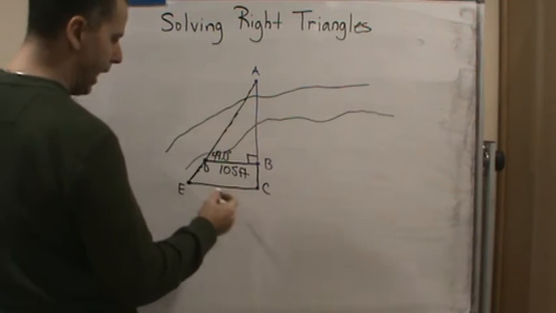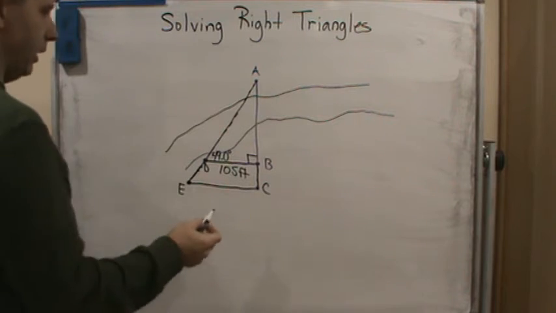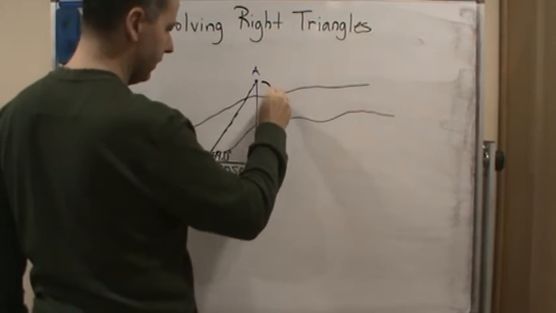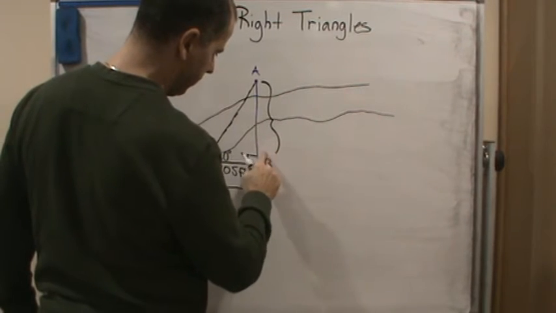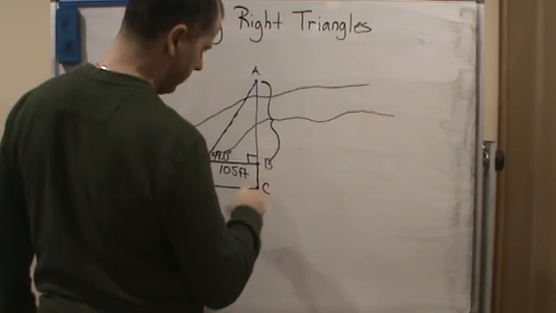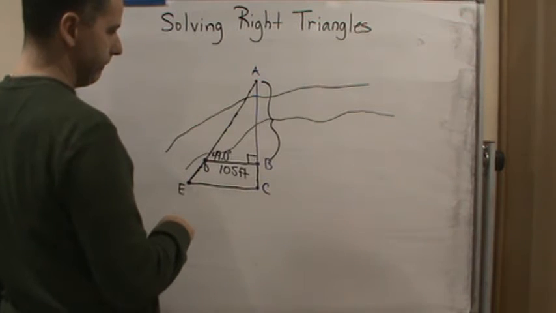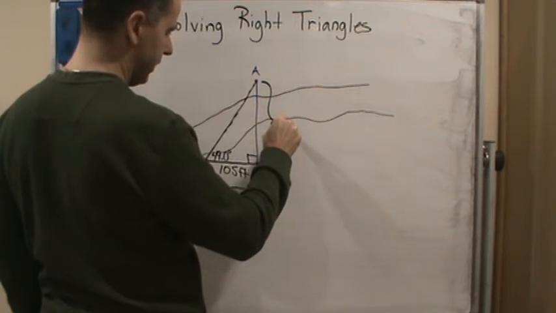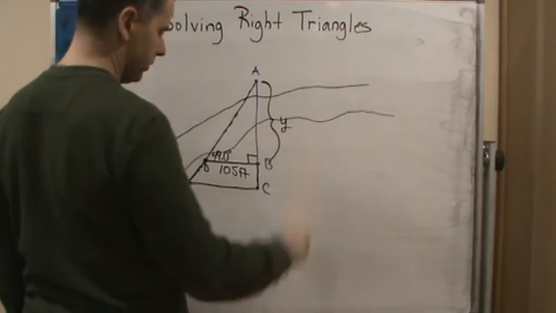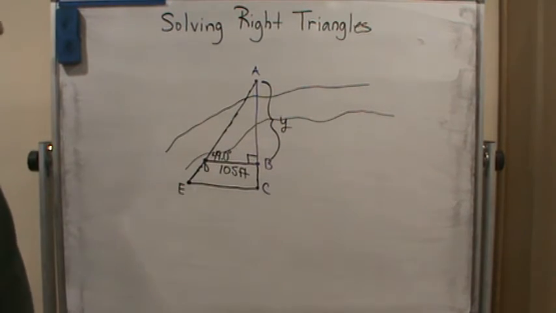Okay? So now, guess what? I want to find this distance, distance AB. Well, let's call it Y. Well, how are we going to find Y?